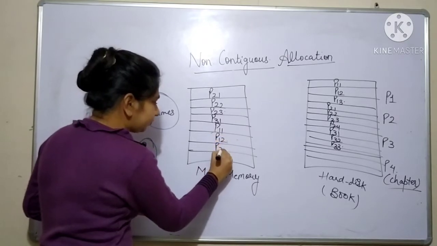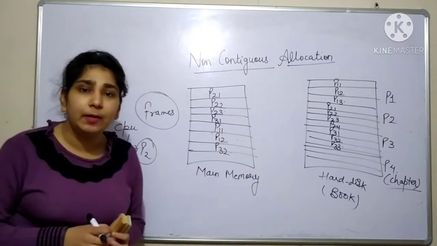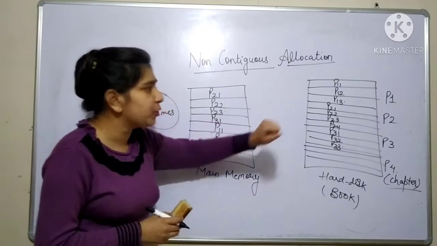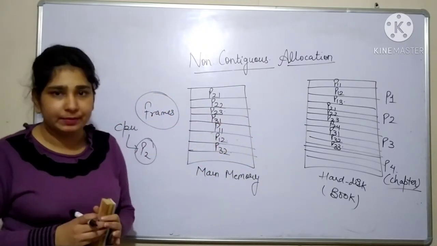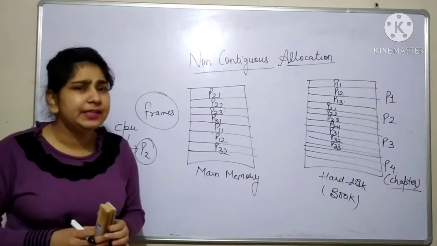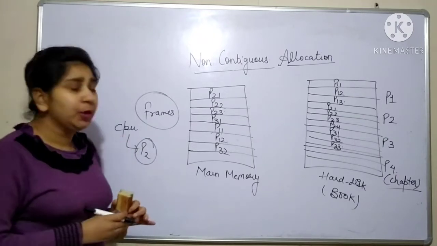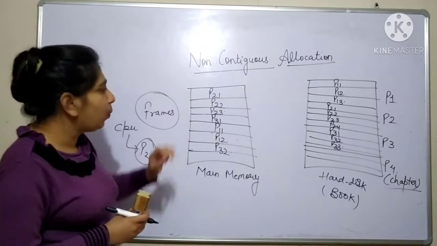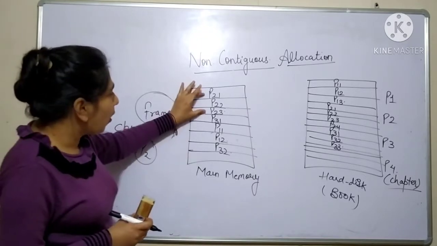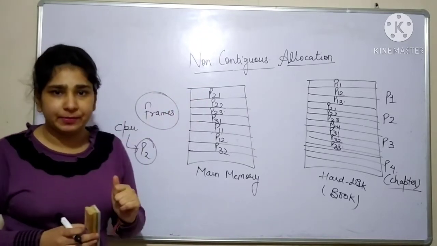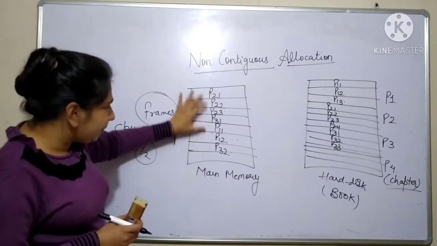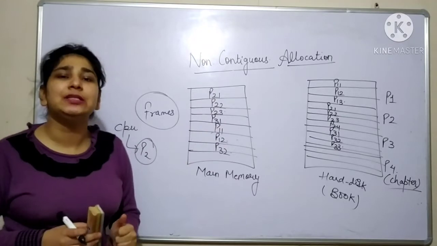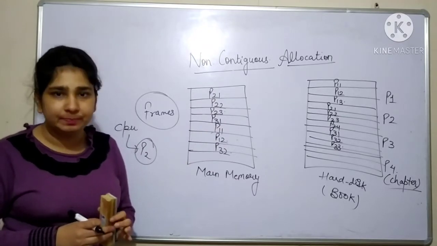Some of the pages of your processes are kept in main memory, and it is not necessary that all the pages of one process are stored in a contiguous manner. One process's pages might be present at any position in the main memory.